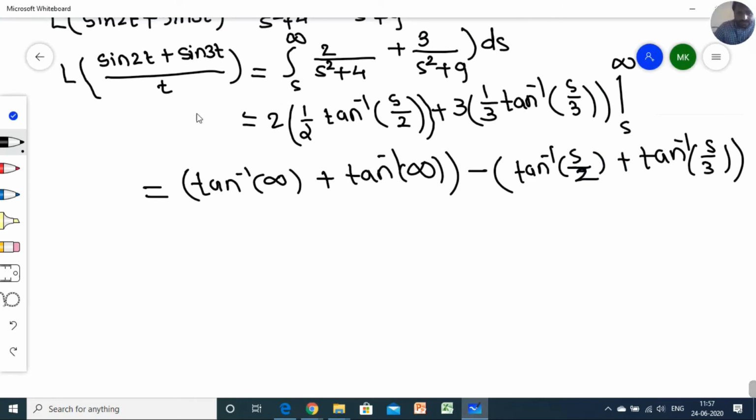Okay, pi by 2. So pi by 2 plus pi by 2 is equal to pi minus tan inverse of s by 2 plus tan inverse of s by 3.